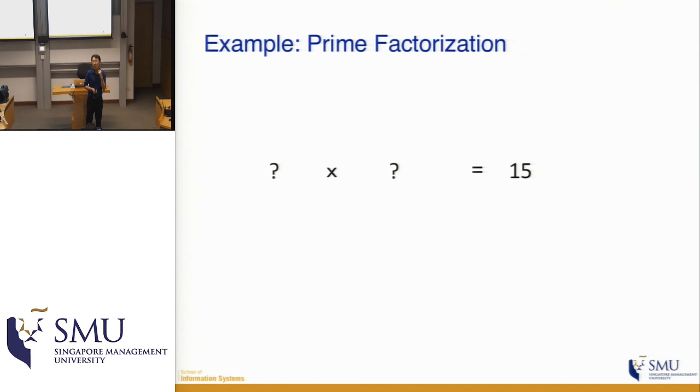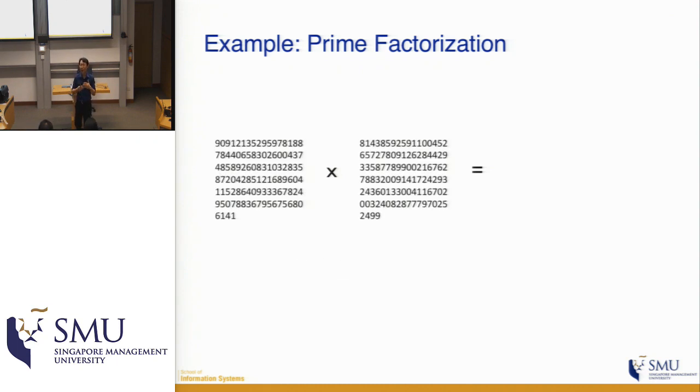But if we tell you there is a number 15, what are the factors? Then it's a lot more difficult, because you have to derive a way to actually do this. For 15, it's relatively simple. You can still do it. But think of having a very big number. If I have 2 large prime numbers, multiplying them, we can still do it. It's just going to take us a bit more time, but we can do it.